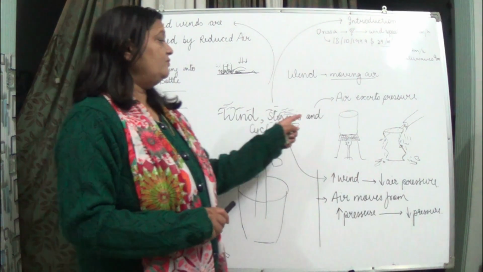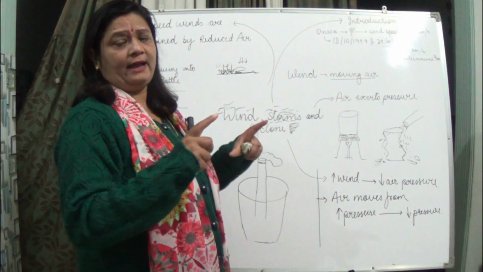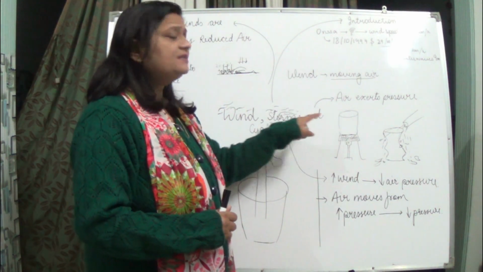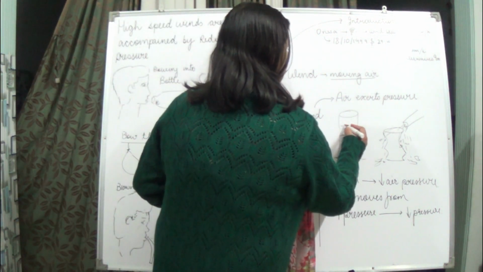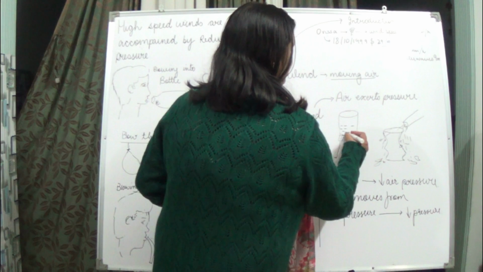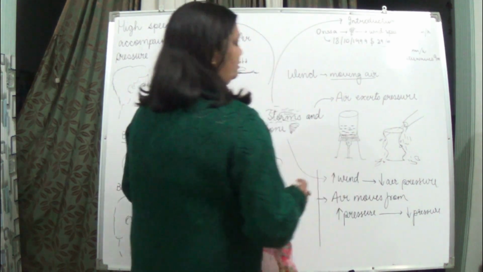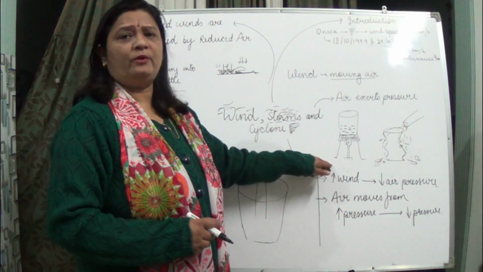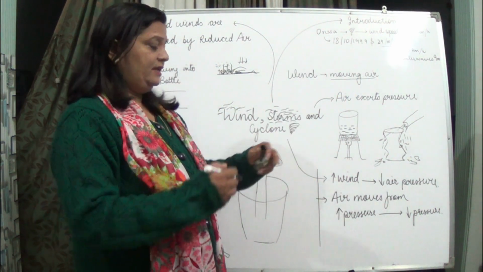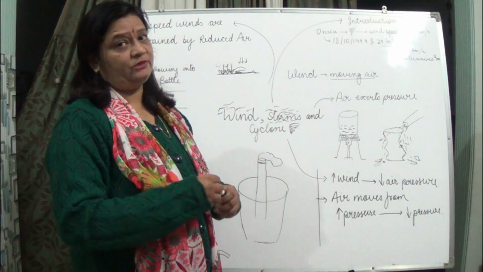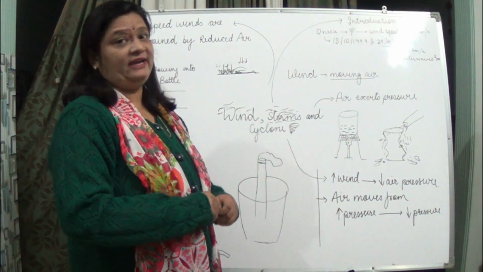We are taking a tin can, and we are filling it half with water. Now we are heating it with the help of a candle, if you are carrying out this experiment at home. But all heating experiments should be carried out carefully.